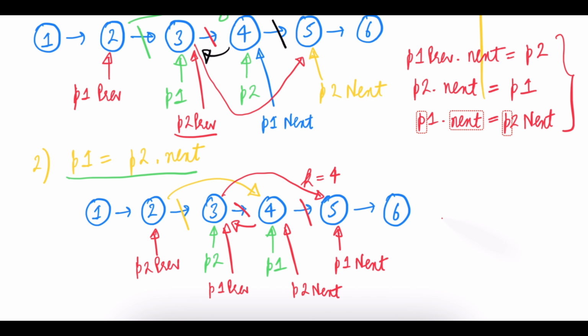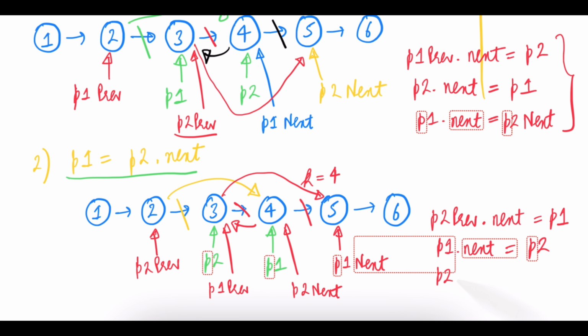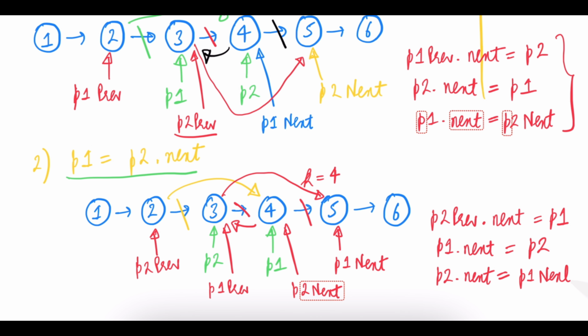So what it is going to look like is p2 previous dot next is going to be equal to p1, p1 dot next is going to be equal to p2, and p2 dot next is going to be equal to p1 next.